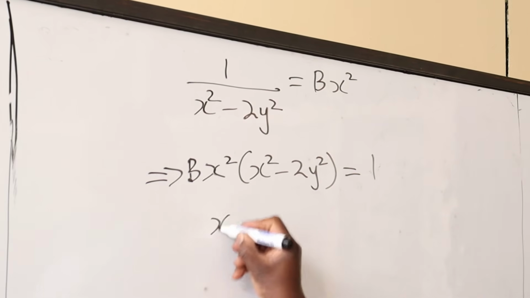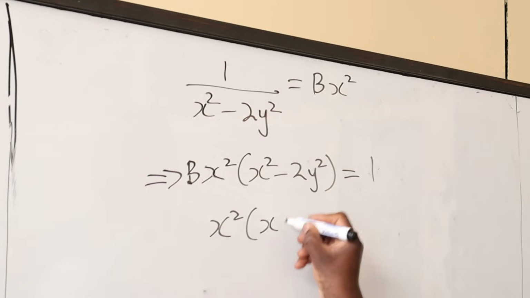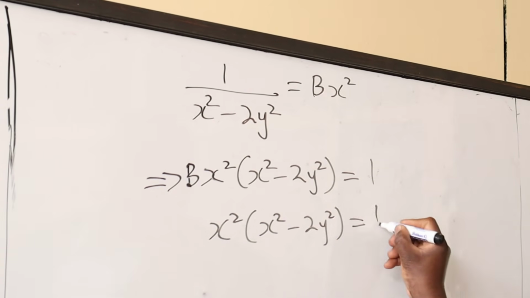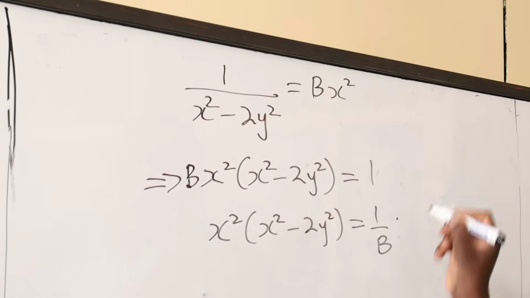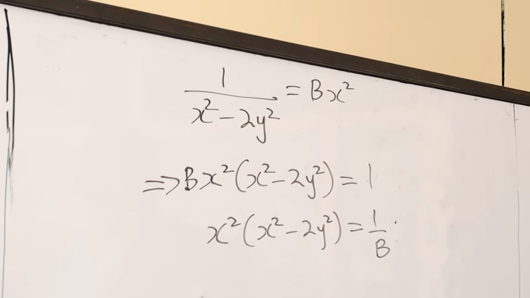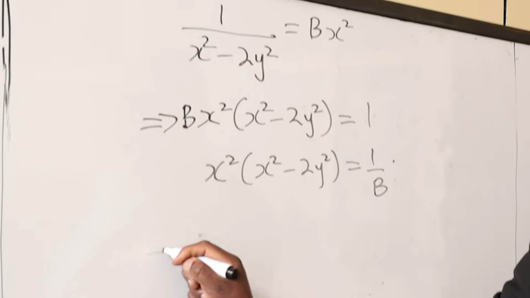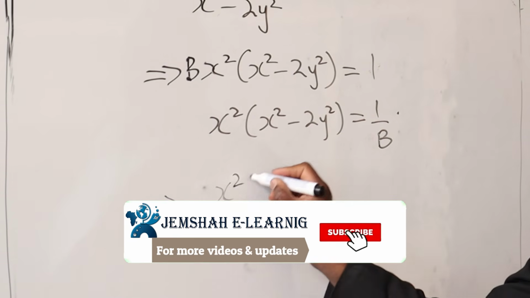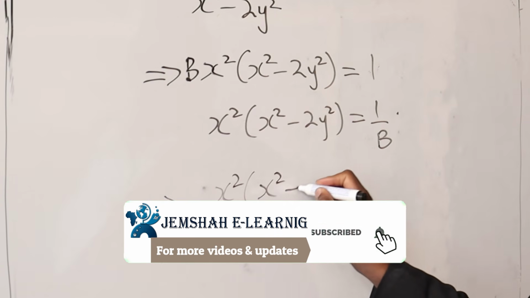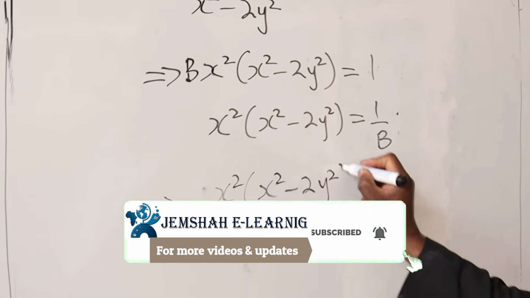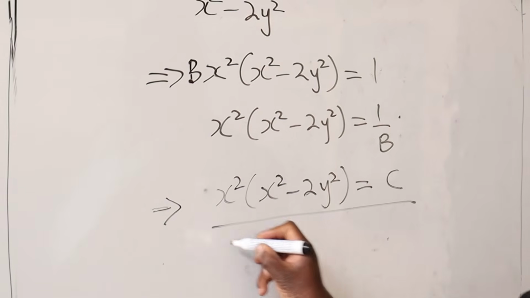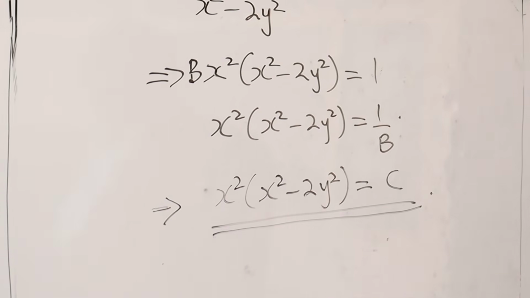This implies x squared into (x squared minus 2y squared) is equal to 1 all over b. 1 all over b is just another constant. So we can say the solution: x squared into (x squared minus 2y squared) is equal to another constant c. And that is the solution to that differential equation.